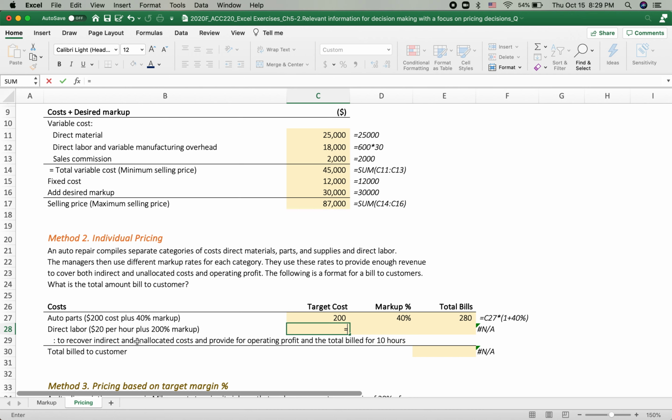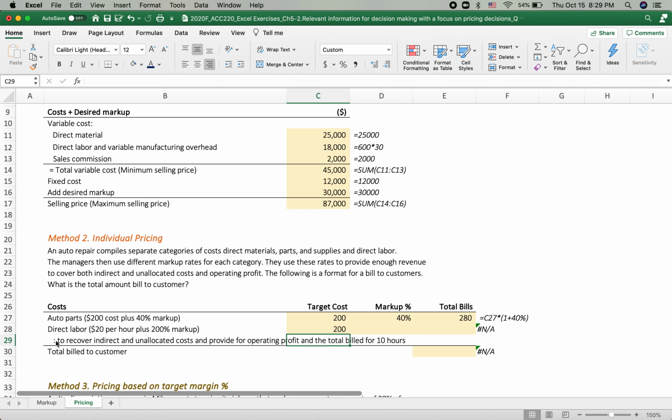No. We have to look at the total cost of direct labor, but $20 is just the cost per unit, one hour. So $20 per hour is multiplied by 10 hours here, since it needs at least 10 hours to repair.